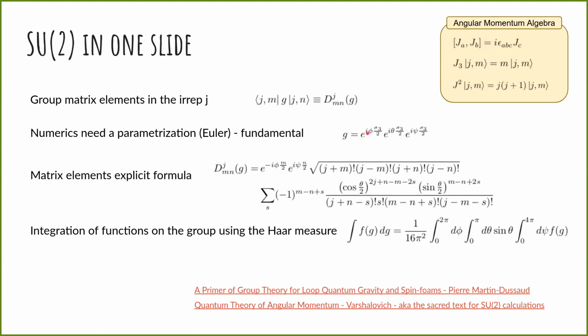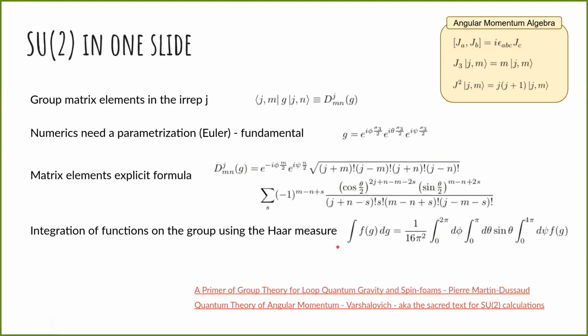In addition, this explicit parameterization lets me also write an explicit formula for the matrix elements. So these are not just abstract objects. I can give you a formula for them. If you parameterize the group element in this specific way, this is the formula. We will probably not need it. It's just for reference.